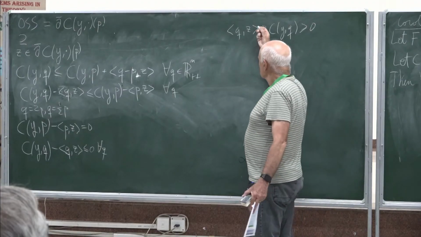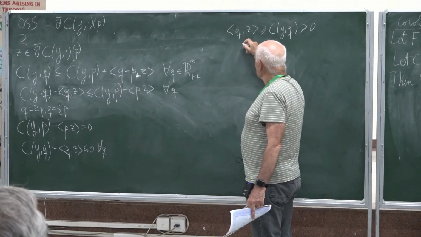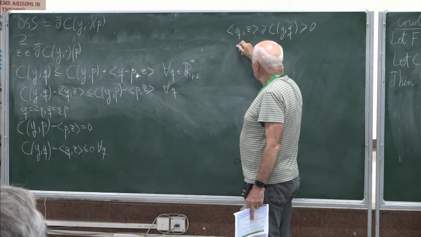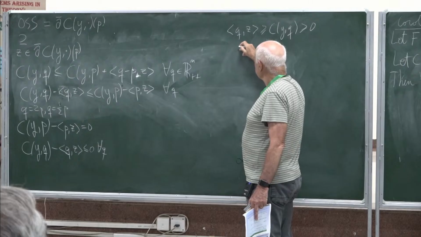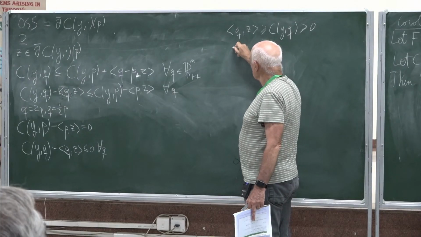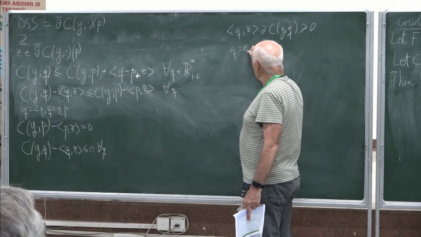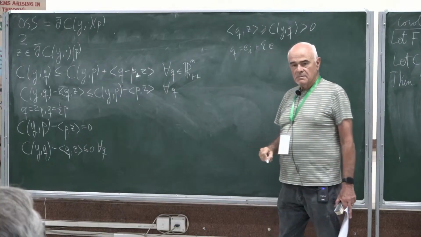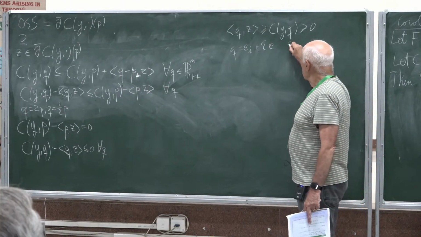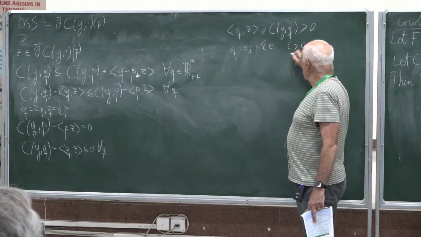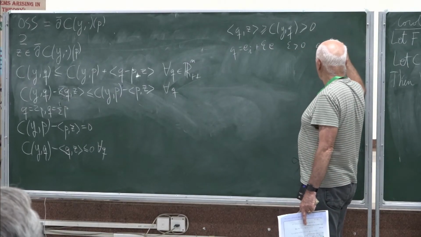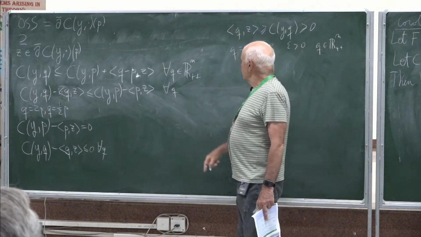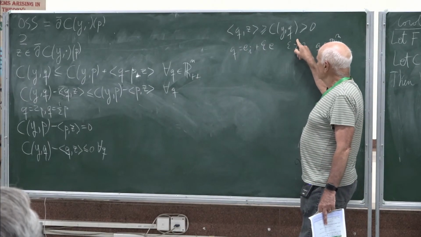Now, if I take q equal to e_i plus epsilon times e, for epsilon positive, then q is in R_{++}^n, and so it satisfies this inequality.